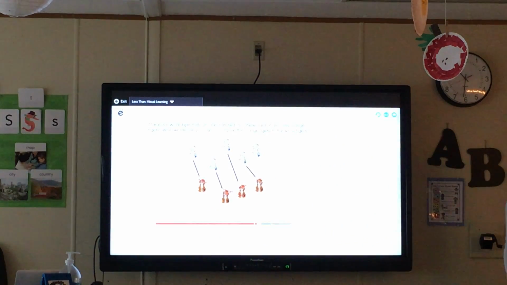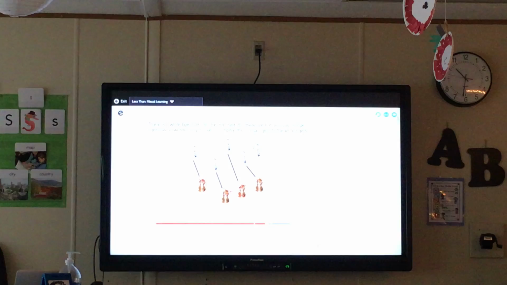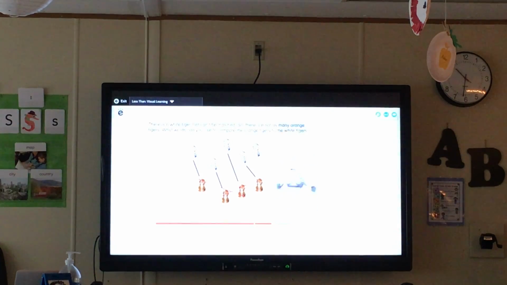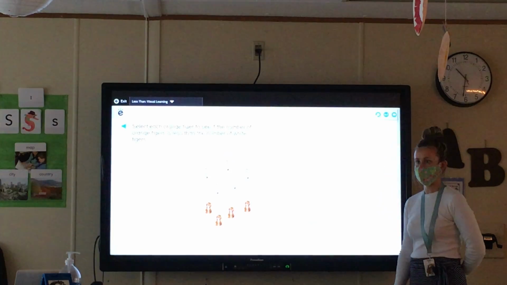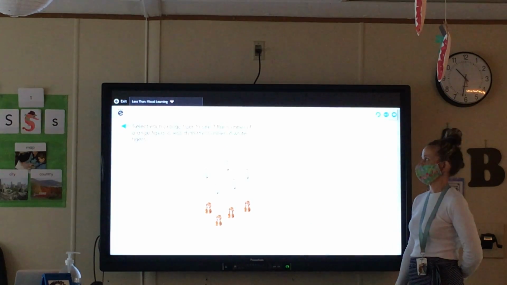There is a white tiger that can't be matched, so there are not as many orange tigers. What words can you use to compare the orange tigers to the white tigers? Okay. Remember the words that we just talked about to compare them? Less than, fewer, right?